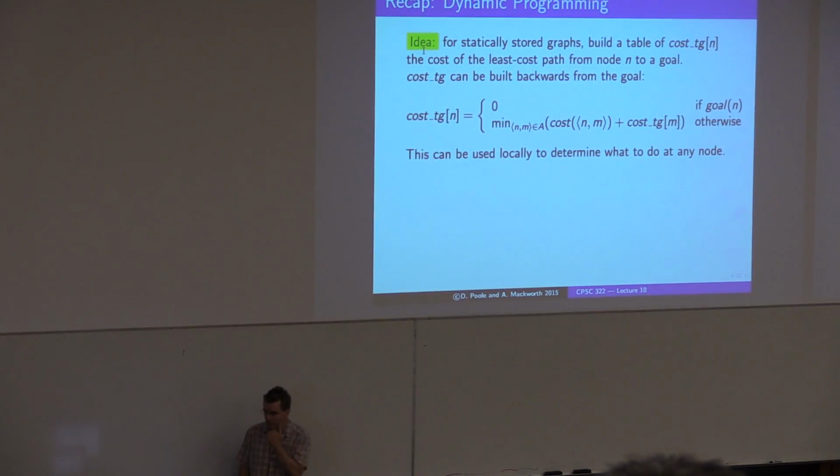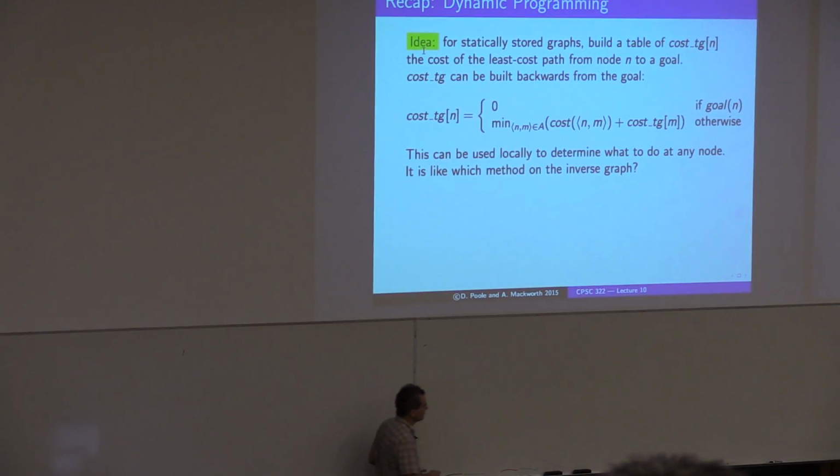Okay, this is almost a definition of what the cost is. And if we're at a node n, we can work out what to do, because we're just going to choose the m that minimizes this value. And what's interesting for us here is this is like which method on the inverse graph? What method is it like?